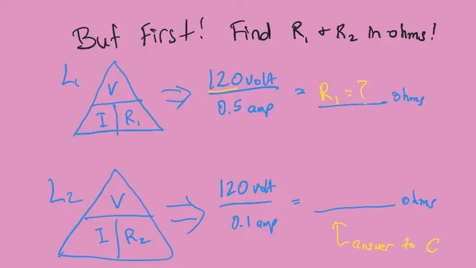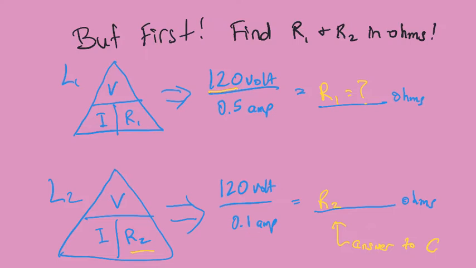Now let's figure out what the R2 value is. So we're going to take V, which is still 120 volts, divide by the current, which for this bulb is 0.1 amps.